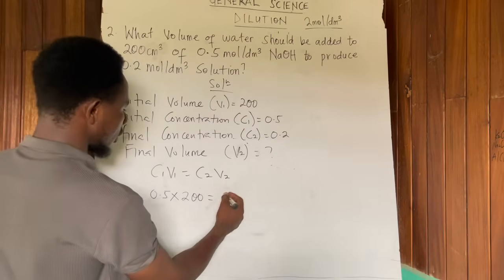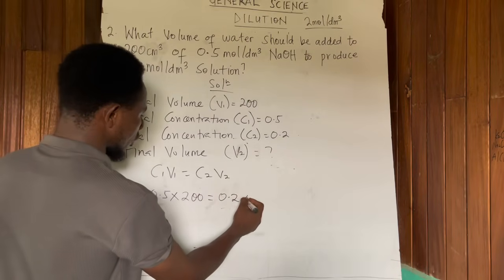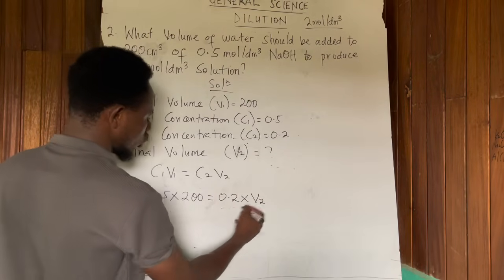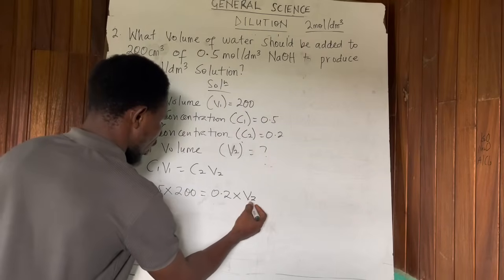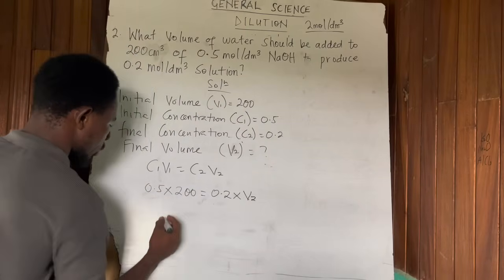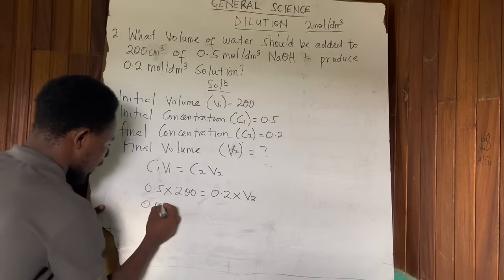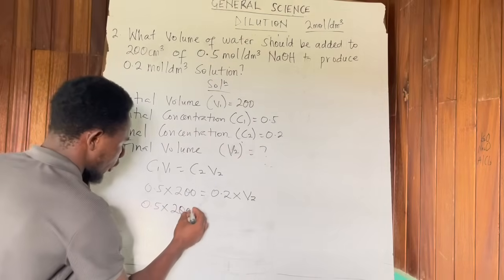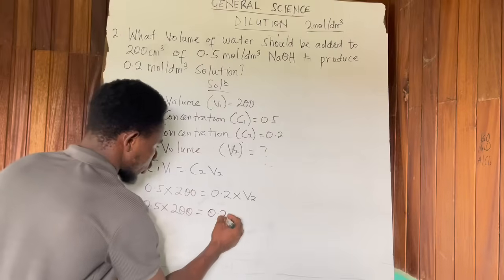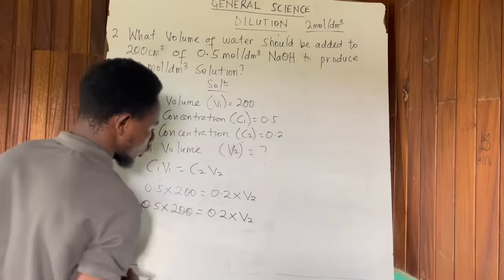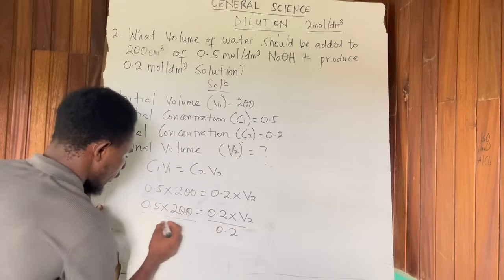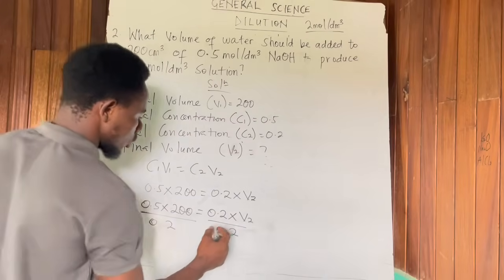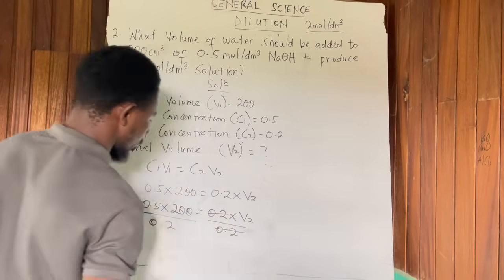C2 is 0.2 multiplying V2. Since we want to find V2, we have to divide by 0.2. So let me write this again. 0.5 times 200 is equals to 0.2 times V2. So we divide by 0.2. So 0.2 gets rid of 0.2.